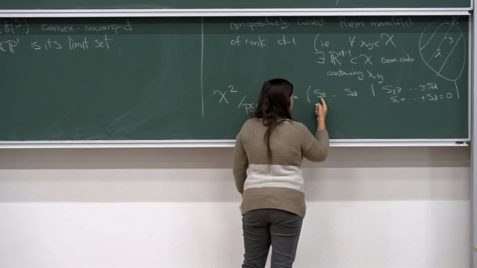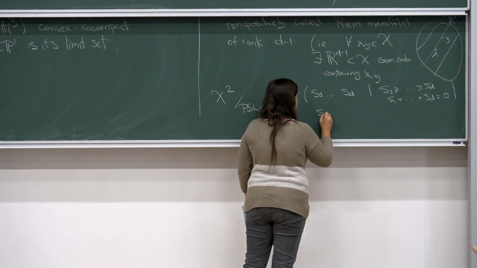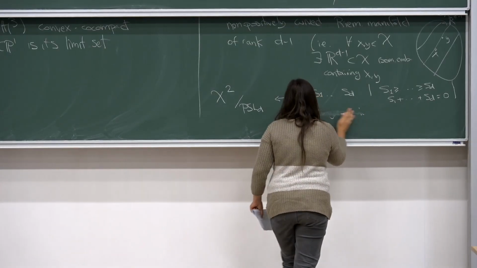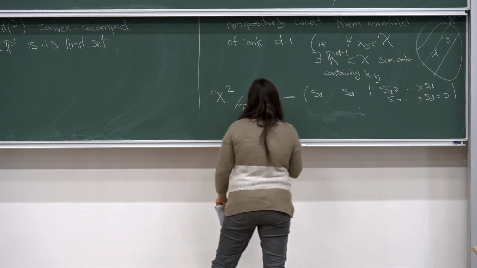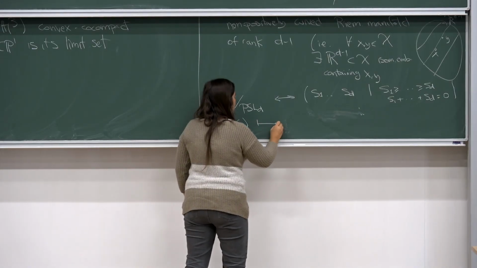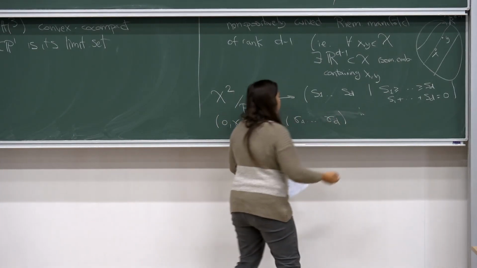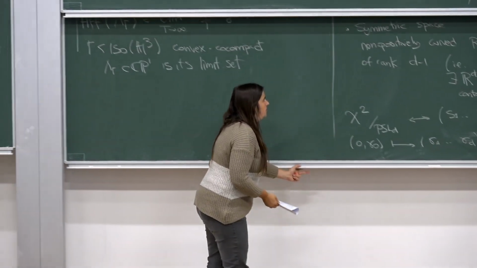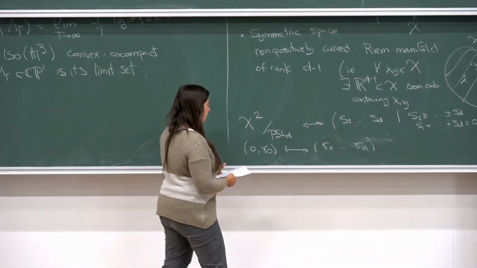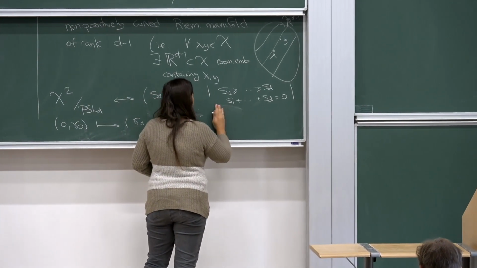And these are the singular values. So the pair (o, γo) corresponds to the list sigma_1 up to sigma_d. And I also want that s_1 is big.